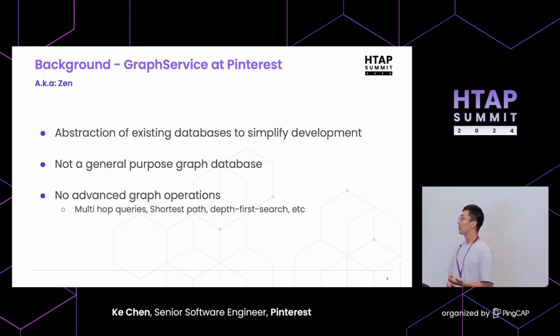So today there are no advanced graph algorithms in Zen, such as shortest path or depth first search. The most common query patterns are getting nodes by properties, getting edges by their properties, and also starting from a node and finding its adjacencies.